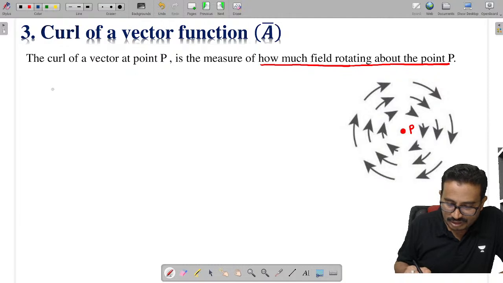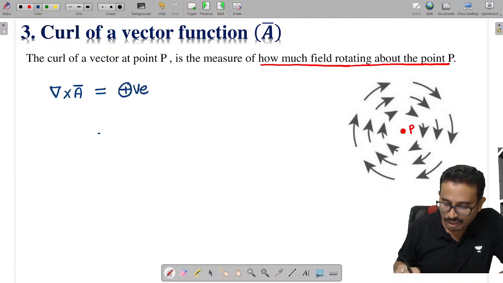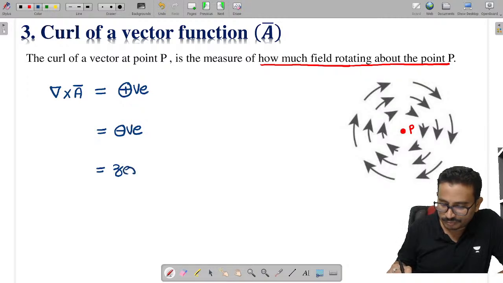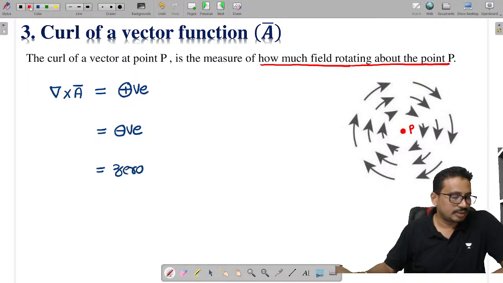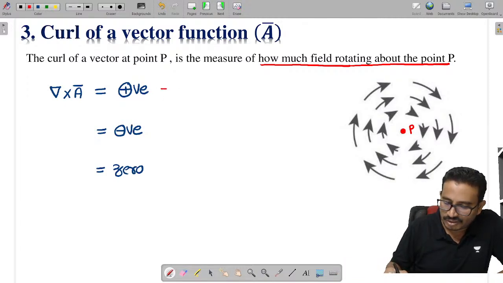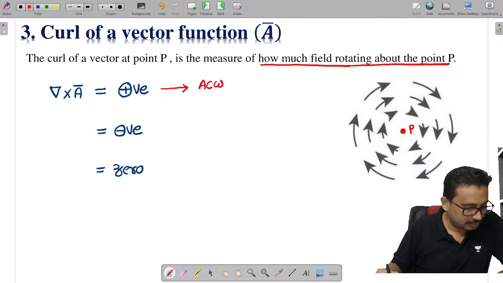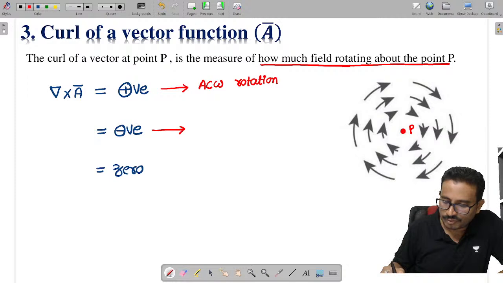In general, curl is operated on a vector quantity. The curl of a vector quantity may be positive, negative, or zero. The curl is positive in case of anti-clockwise rotation, and in case of clockwise rotation, curl is negative.